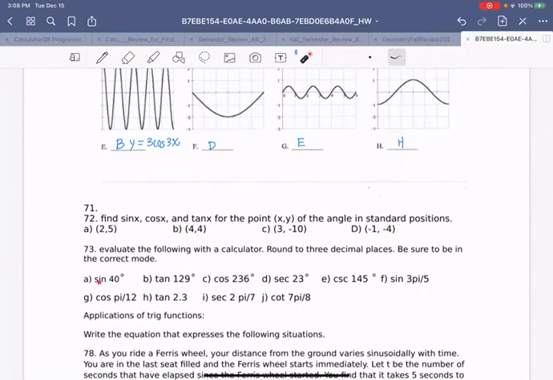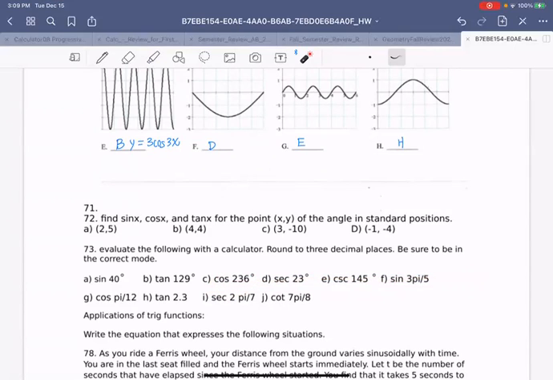Now we want to evaluate those values with 3 decimal places. As long as, if we are doing degrees, we do it in degree mode. If we want to do radians, we have to change it to radian mode. The only suggestion I do give you is that switching between degree and radian is really painful. So I want to set it up to radian mode.